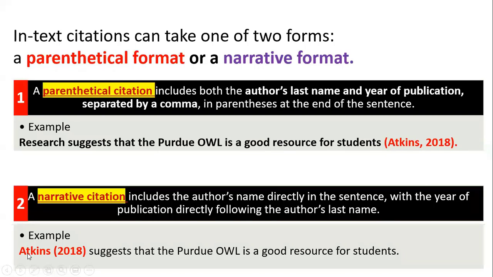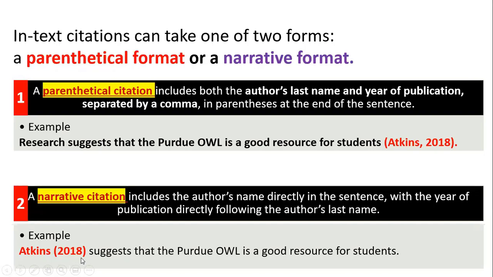The author's last name goes first, followed by the year. But the difference is that when you use a narrative citation at the beginning of your sentence, there is no comma, as you can see here. What you have instead, in parentheses, is the year of publication.